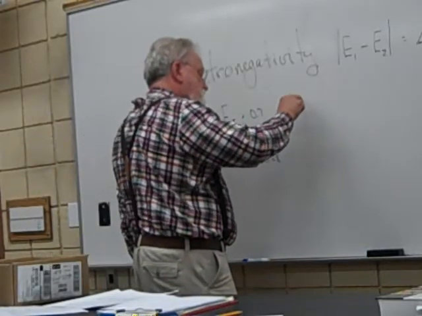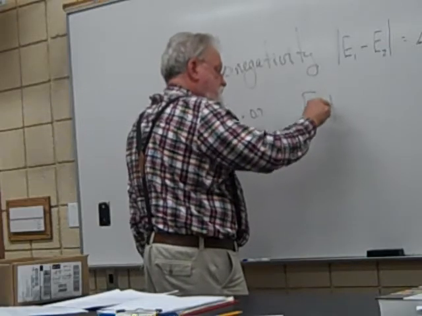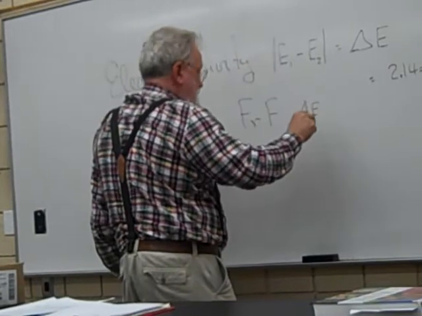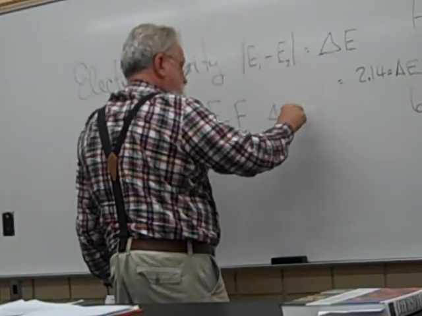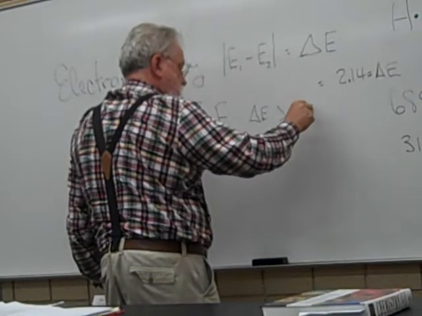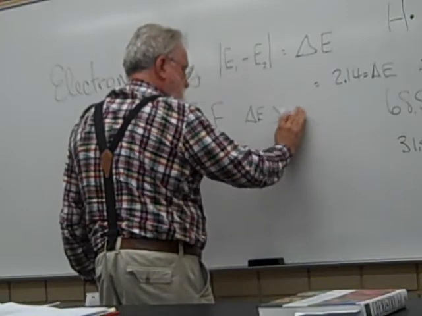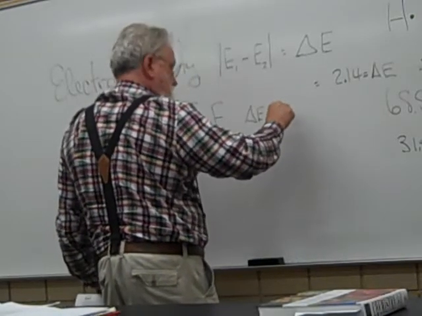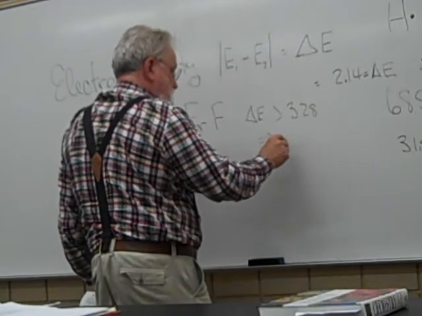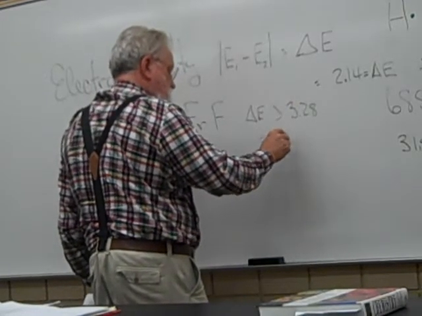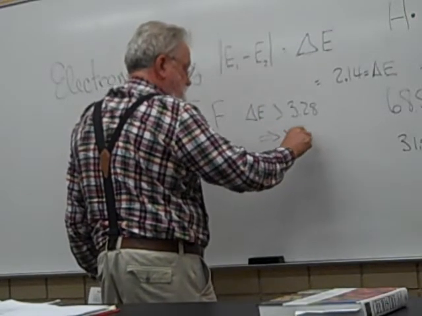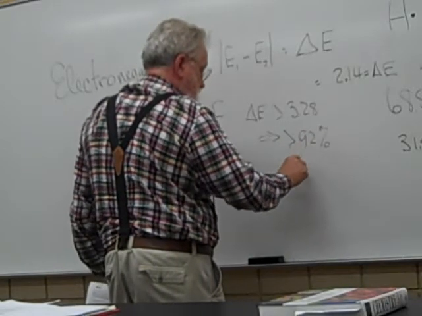So this compound has a delta E greater than 3.28, and that implies a percent ionic character greater than 92% ionic.